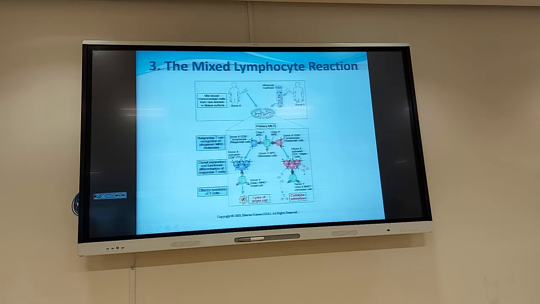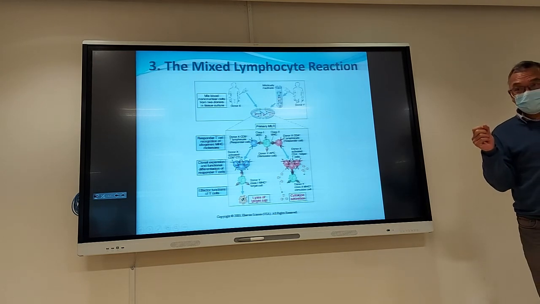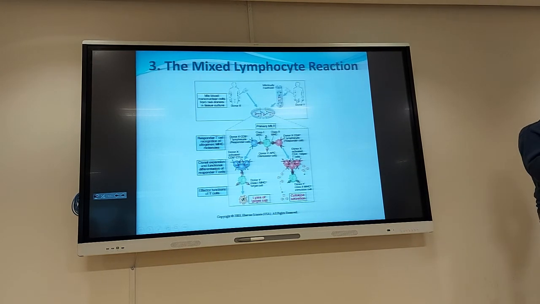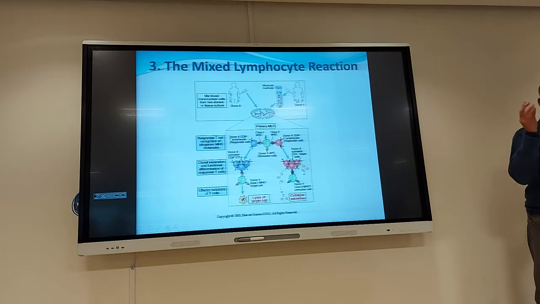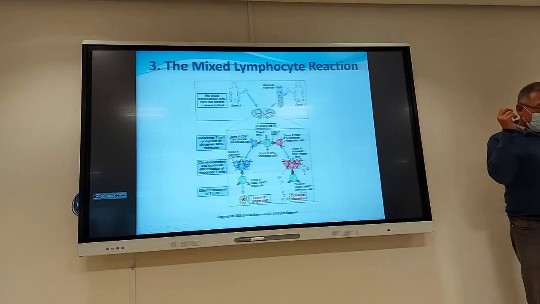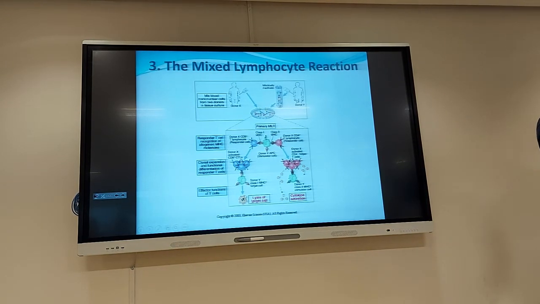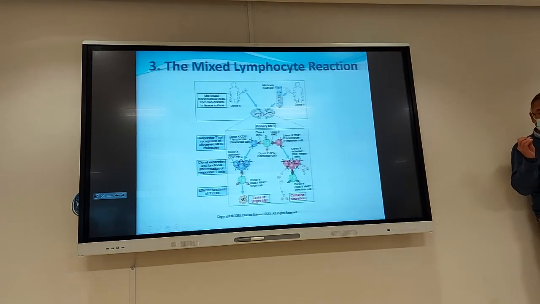Basically, you treat the recipient cells with high energy X-rays, and what that does is break up the DNA of these cells such that it's not enough to kill the cells, but the cells can't divide. So they're viable, but they're stationary. And so you are creating a target cell.